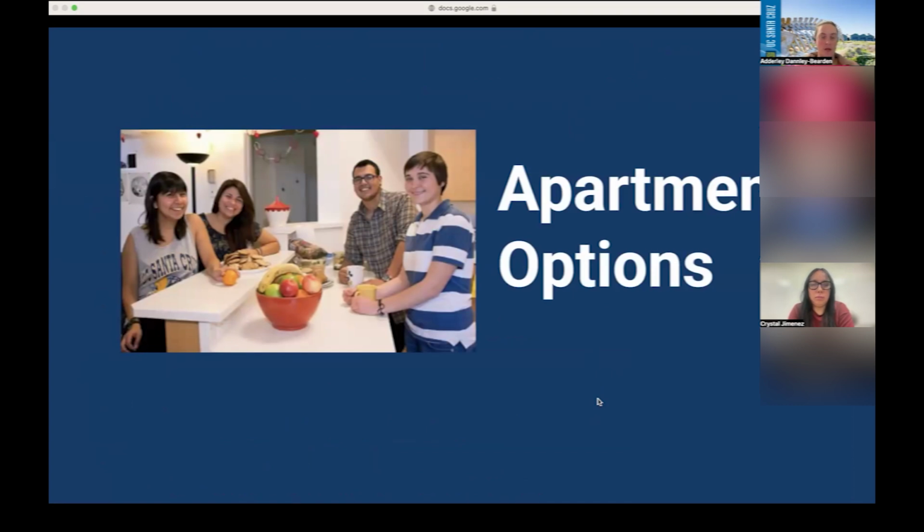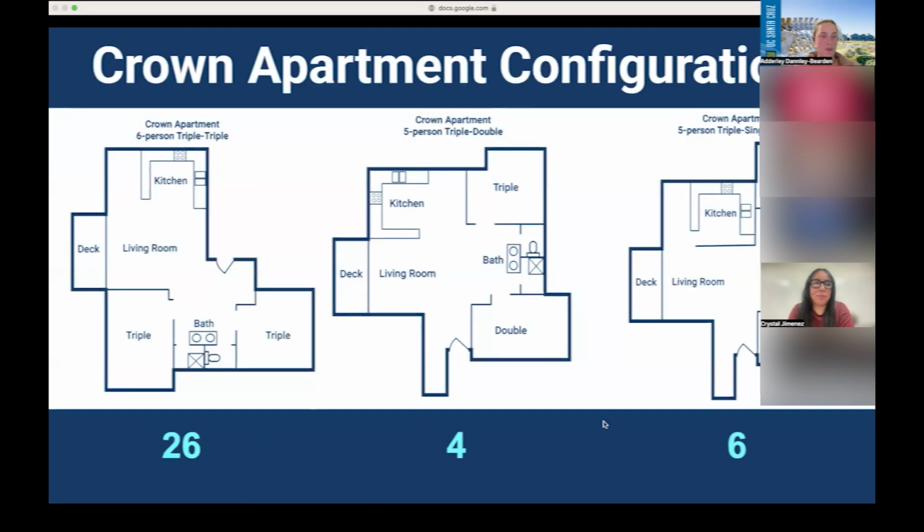So we're going to move into some apartment options. I've provided the apartment configurations for both Crown and Merrill. We're going to start with Crown, and this number at the bottom under each floor plan is the number of those apartments that are available for room selection. So something to keep in mind as you think about what might work best for your group as you come up with your options or where you'd like to live.